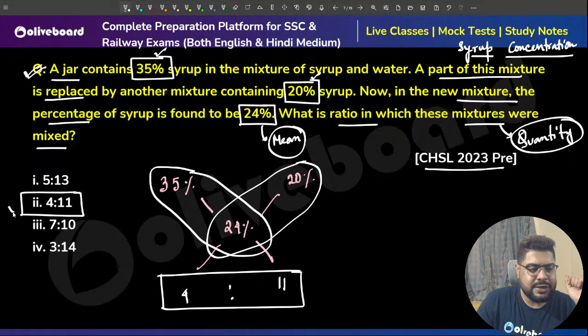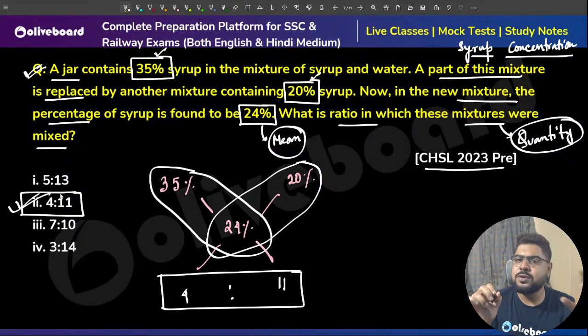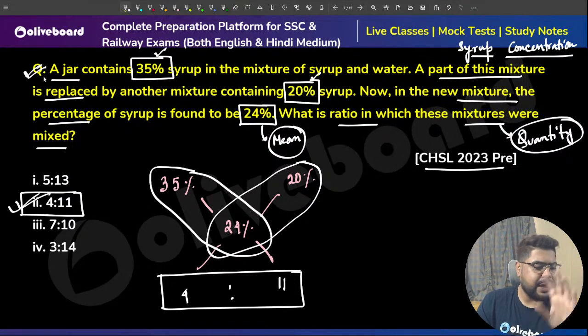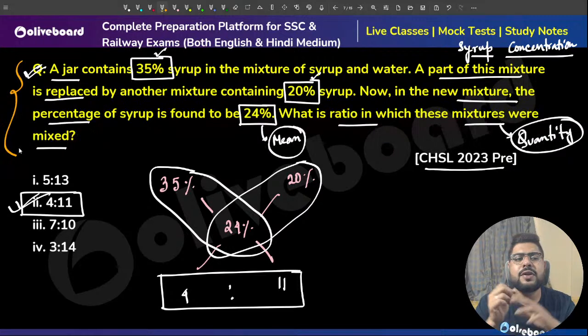Option number 2, sir. If you do this question without using allegation, best of luck with doing that. I'm not saying you won't be able to do it, but without using allegation, these questions will be much lengthier.